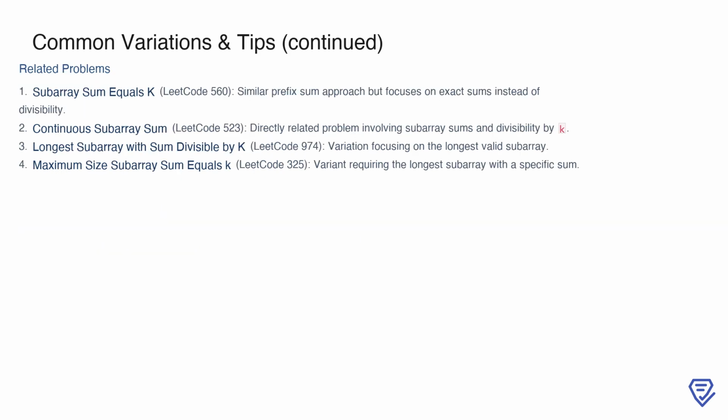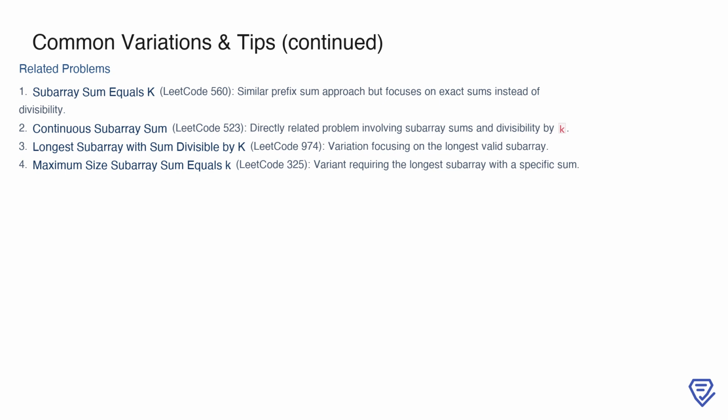If you want to deepen your understanding of this topic, several related problems are worth exploring. For instance, in the problem Subarray Sum Equals K, LeetCode 560, a similar prefix sum approach is used, but the focus shifts to finding exact subarray sums rather than checking divisibility. Another closely related problem is Continuous Subarray Sum, LeetCode 523, which also involves subarray sums and divisibility by k.